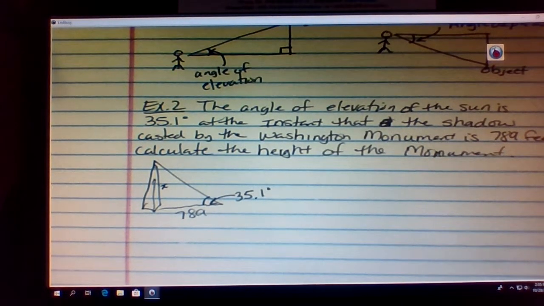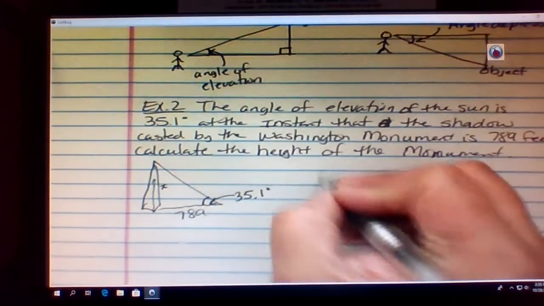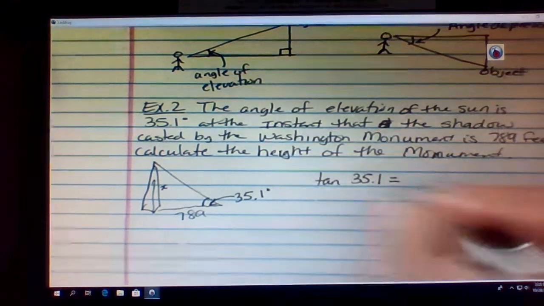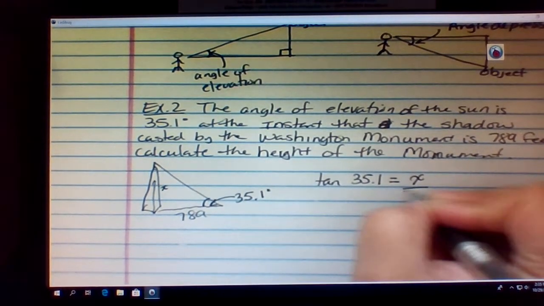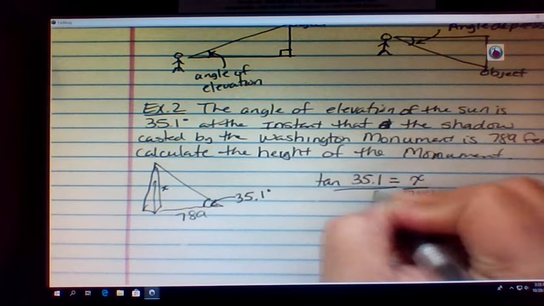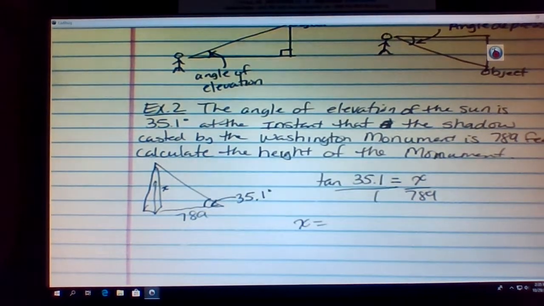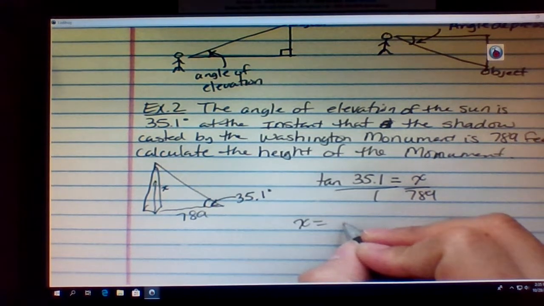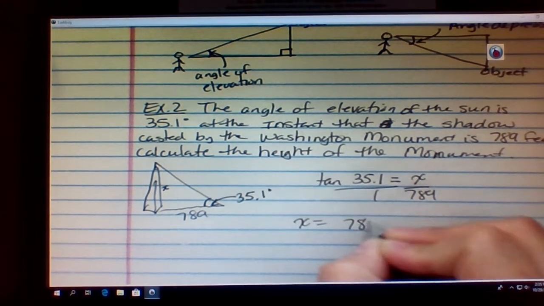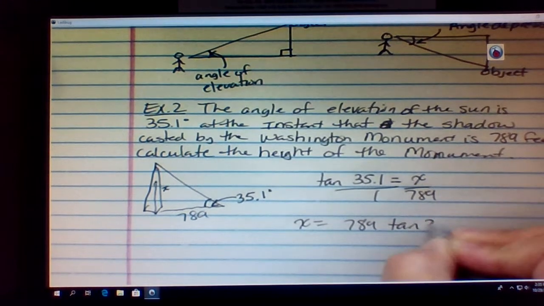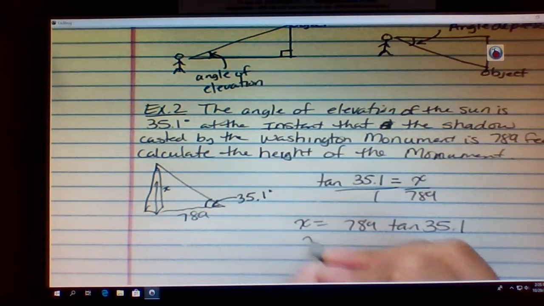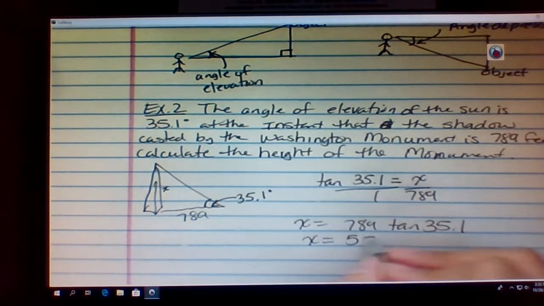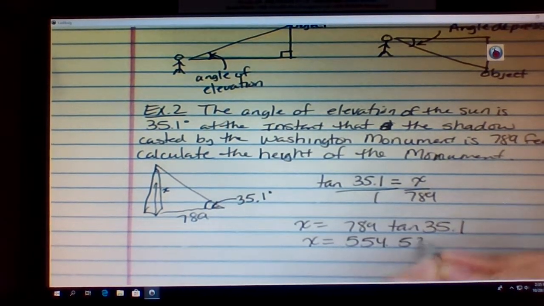Tangent of 35.1 equals opposite over the 789. So x equals 789 tangent of 35.1, which is 52 feet. That is the height of the building.